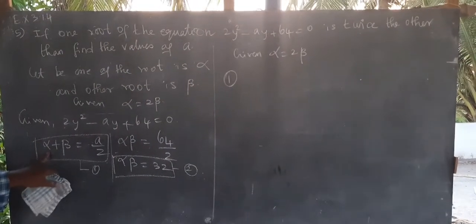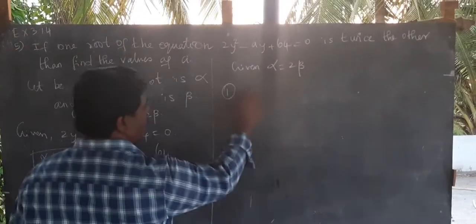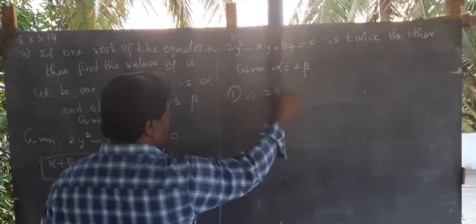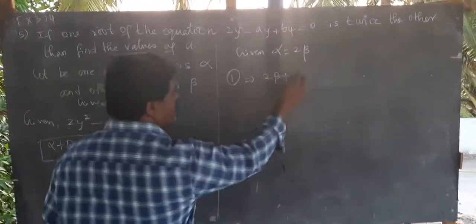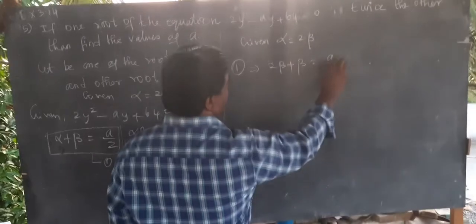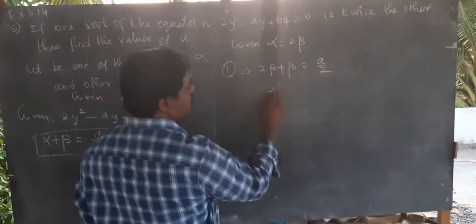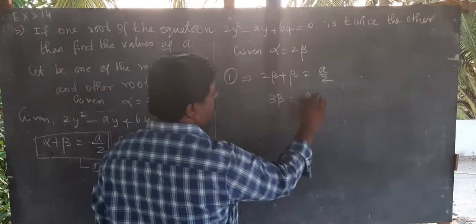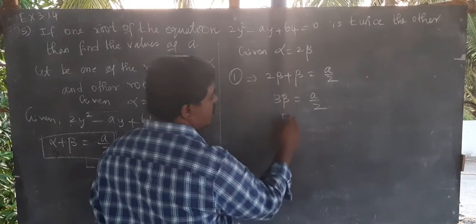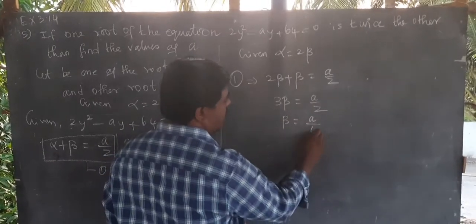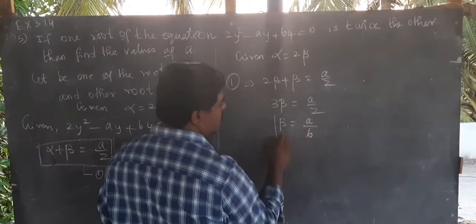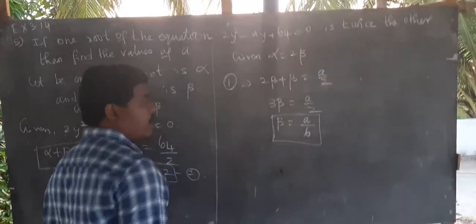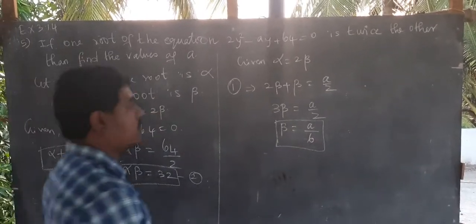So for this alpha I write 2 beta, and we are having one beta, a by 2. 3 beta equal to a by 2. Beta equal to a by 6, this 3 into 2, 6. Beta equal to a by 6.